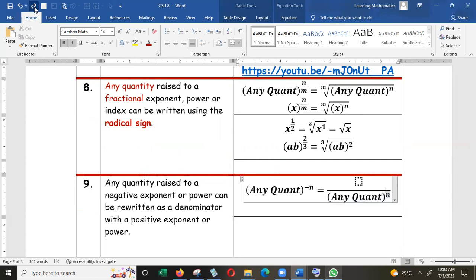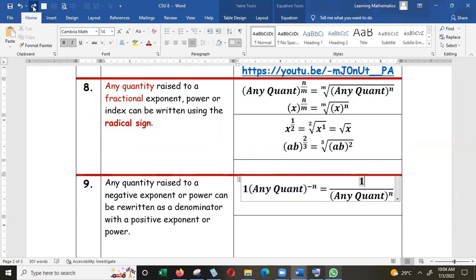Now we may wonder what is coming as the numerator. The numerator will be the coefficient, that means the number that is multiplied. Now you don't see any number that is multiplied. If you do not see a number that is multiplied, there's an invisible 1. So this 1 will come as the numerator, and the denominator will be the quantity with a positive exponent.